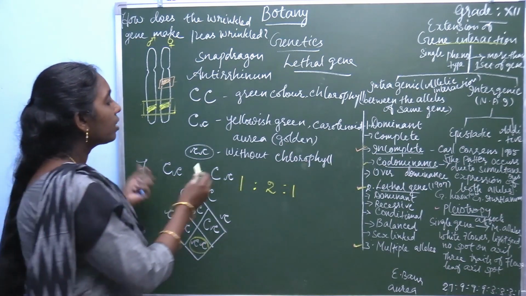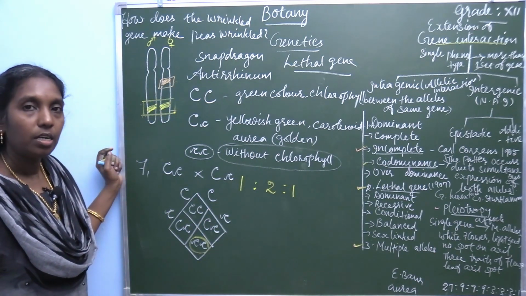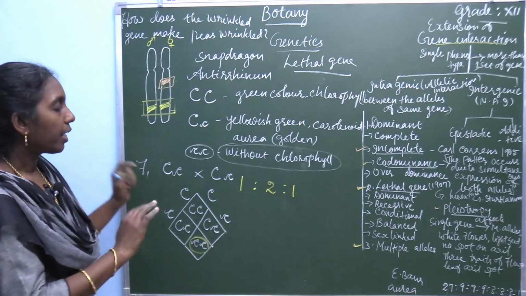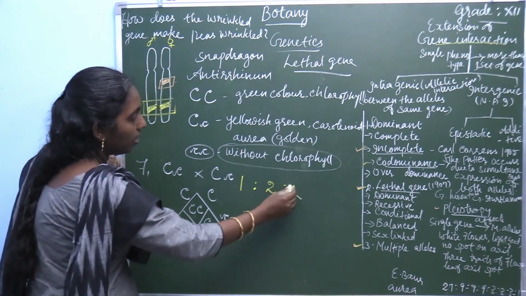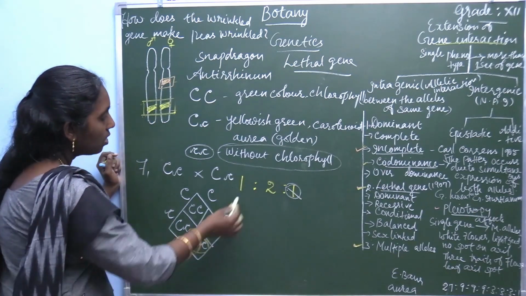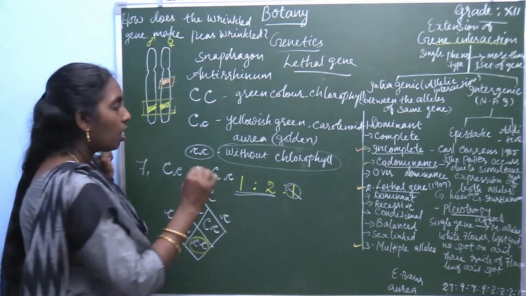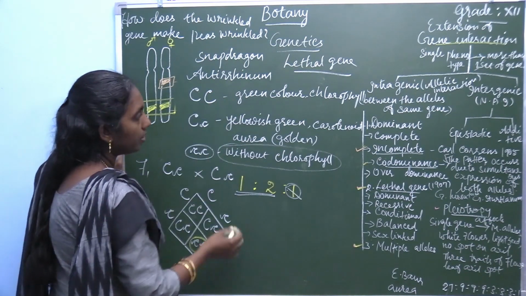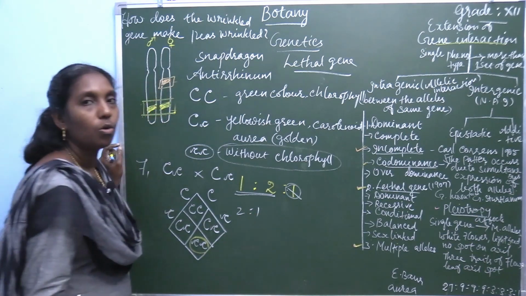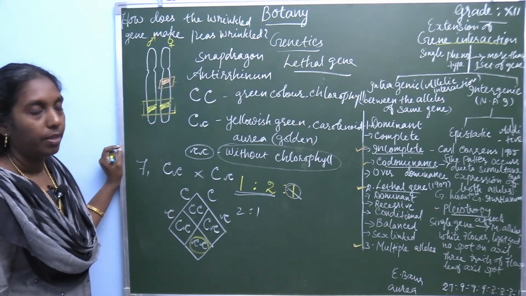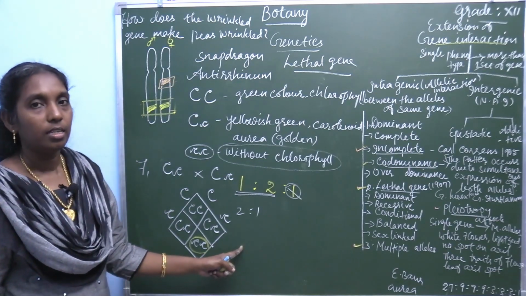If the plant is without chlorophyll, it causes death of the organism. So the ratio is modified: instead of this 1, it is lethal. So it is 1:2, or if the dominant gene is the lethal gene, it produces a 2:1 ratio.